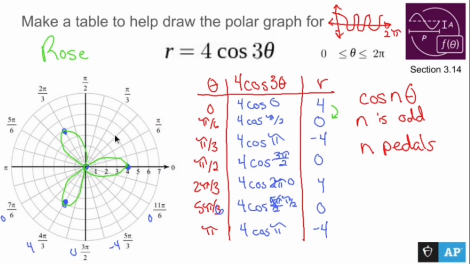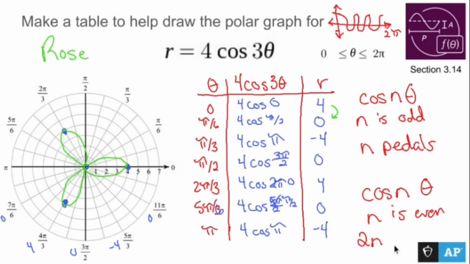If it was sine, it would start out at a different spot. It would just kind of shift over a little bit, almost as if this was a fan moving counterclockwise just a little bit. Now, what if this was something like 4 cos of an even number? If n is even, what's actually going to happen is you're going to get double the amount of petals and things a lot more symmetrical.